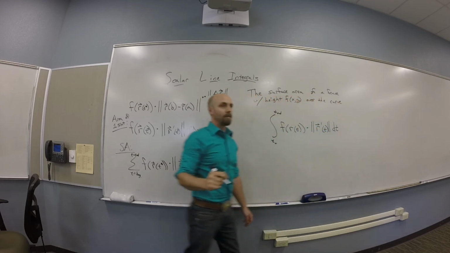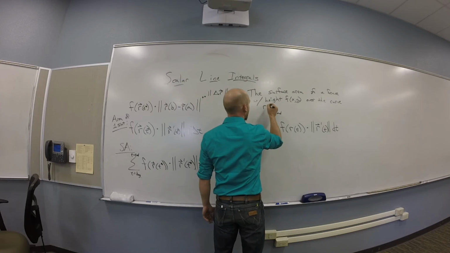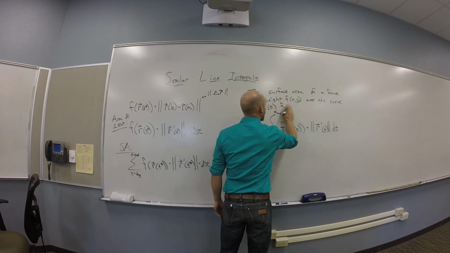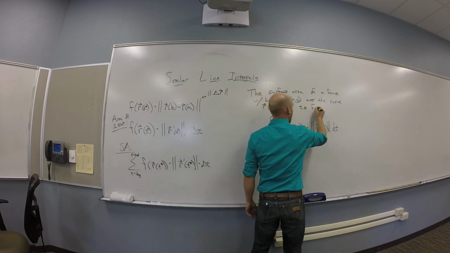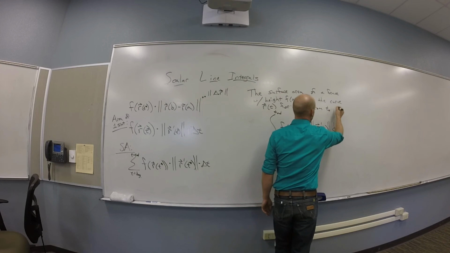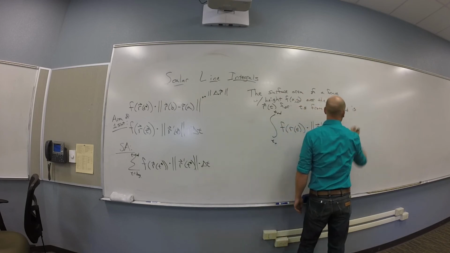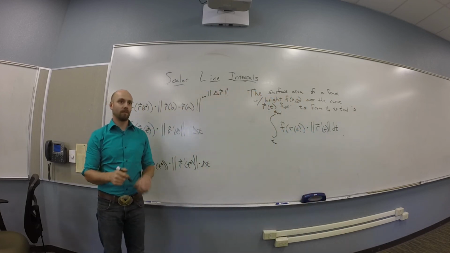What was your curve? r of t. That was r of t, for t's from t0 to tn is that. Cool.